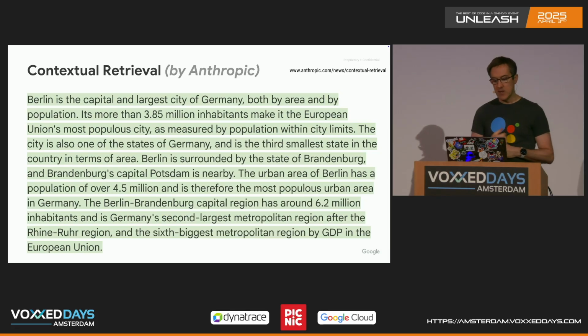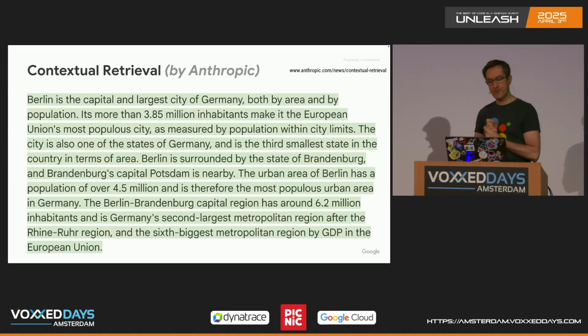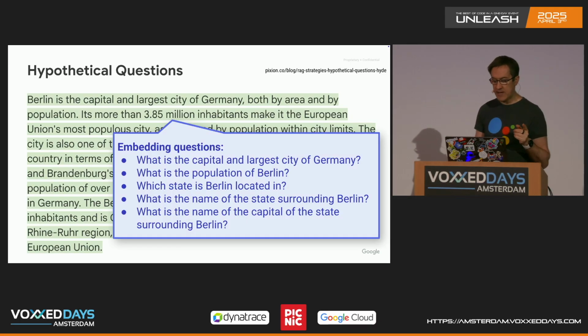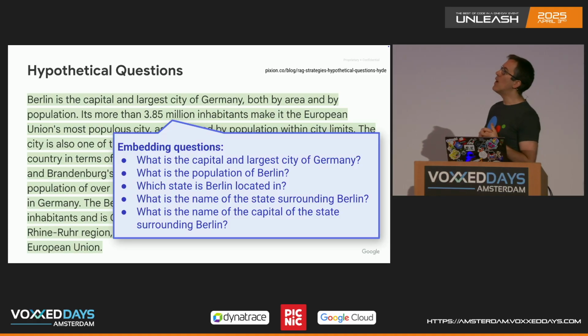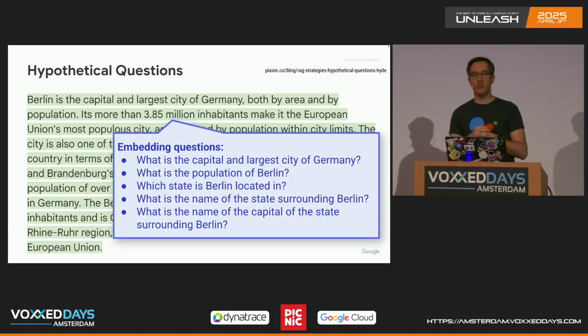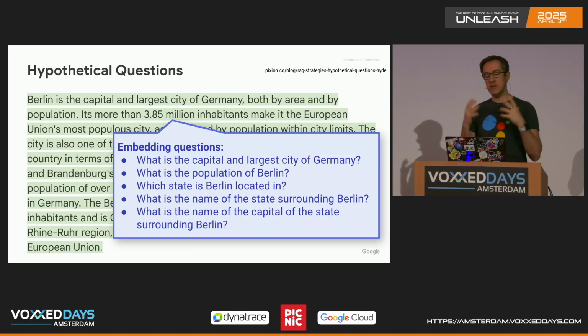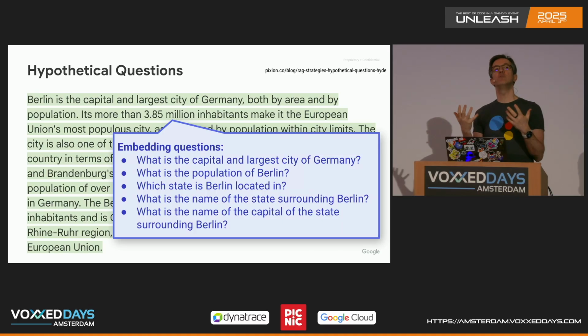I quite like it. A few months ago, another approach was coined by Anthropic, contextual retrieval. Maybe I should add here that one downside of the hypothetical questions approach is that for each paragraph, you have to do an LLM call.